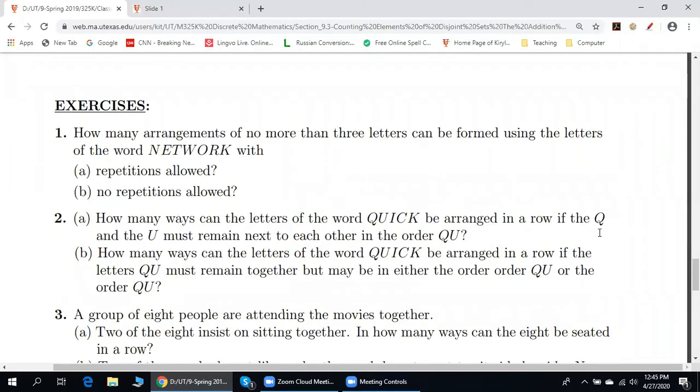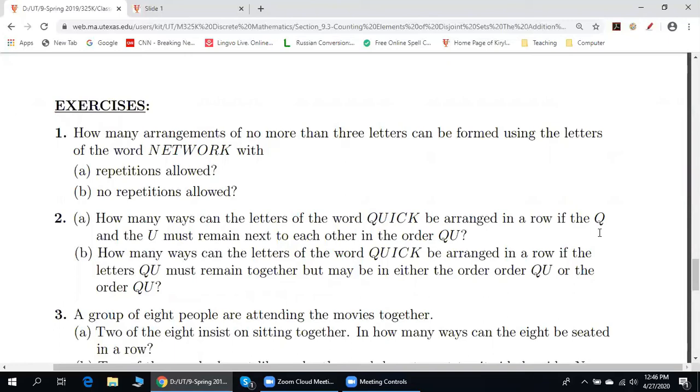Okay, number 2. How many ways can the letters of the word quick be arranged in a row if the Q and the U must remain next to each other in the order QU? You can just think QU as one element instead of two. So basically you have 4 slots, 4 times 3 times 2 times 1, which means 4 factorial, correct?